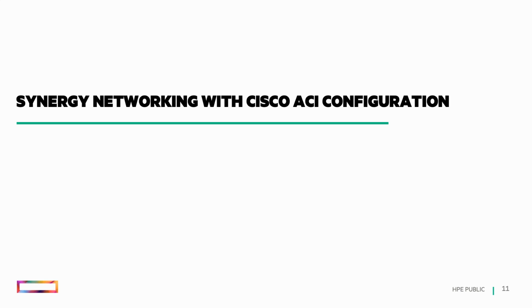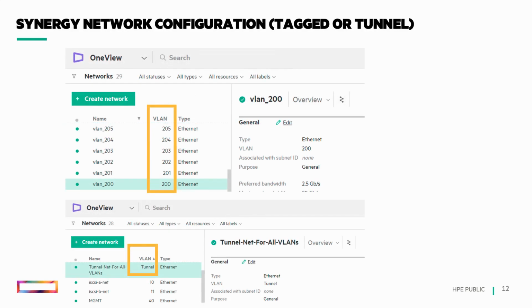Okay, so let's talk about some detailed configuration between Cisco ACI and Synergy. If you know the Synergy Virtual Connect basic concepts, you are pretty familiar with Synergy networking configuration. You can define individual networks. We call it an Ethernet network, or many times a mapped network.